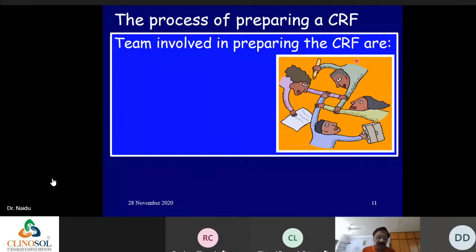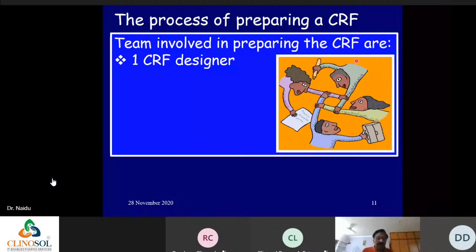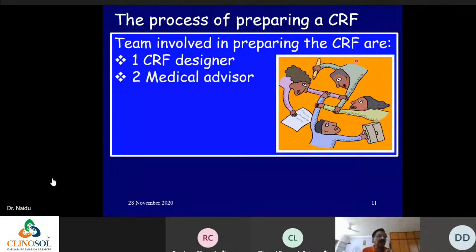Who is in the team? The first person is the one designing the case record form. We need a designer because it is an art. Second, we need a medical advisor, because a case record form has many medical issues. We must have a qualified person very well trained in that particular area of clinical research.